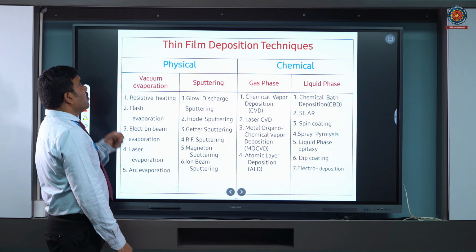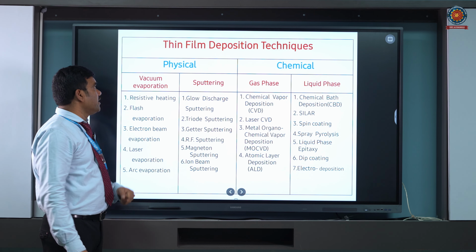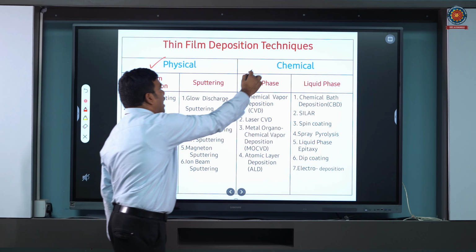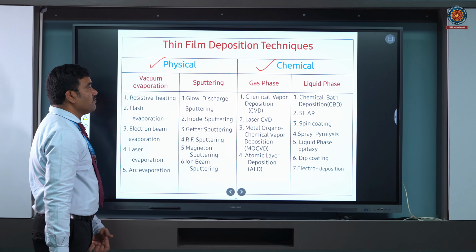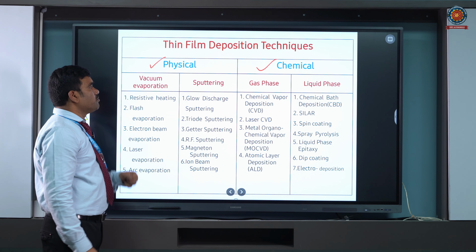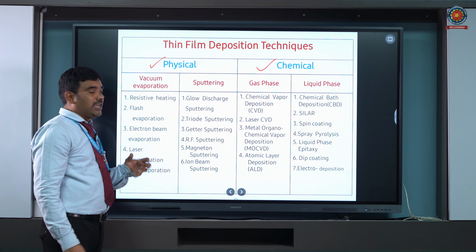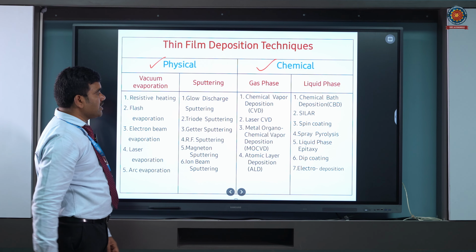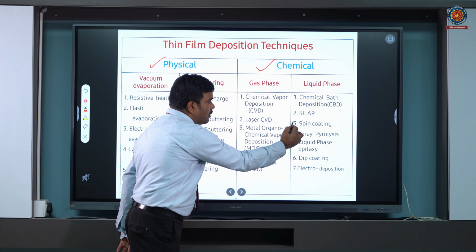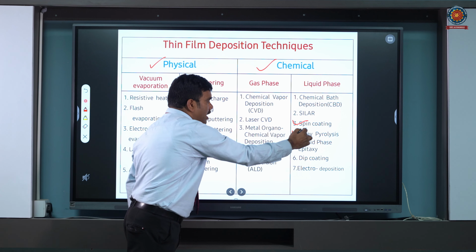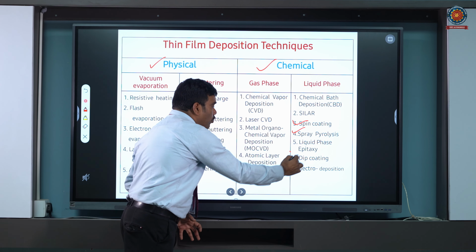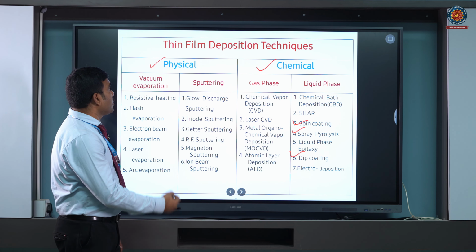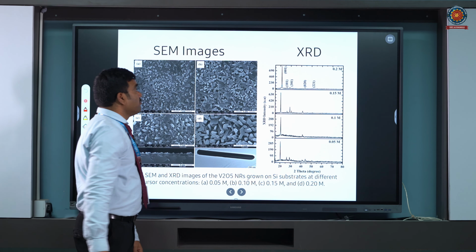See the thin film deposition techniques. Here we have two types: physical techniques and chemical techniques. Physical techniques include vacuum evaporation and sputtering. Chemical techniques include gas phase and liquid phase methods. In liquid phase we have spin coating, spray pyrolysis, and dip coating. Generally these are low-cost and effective preparation methods.